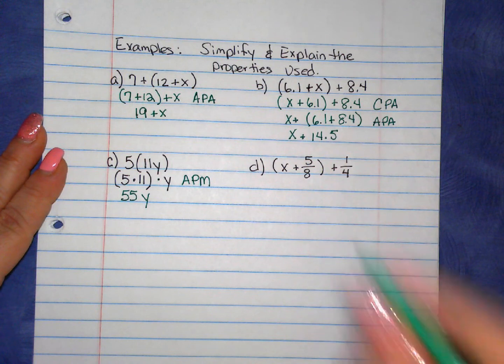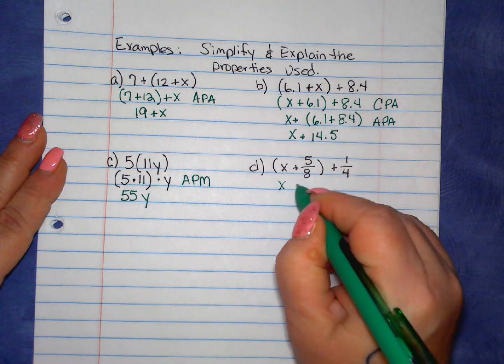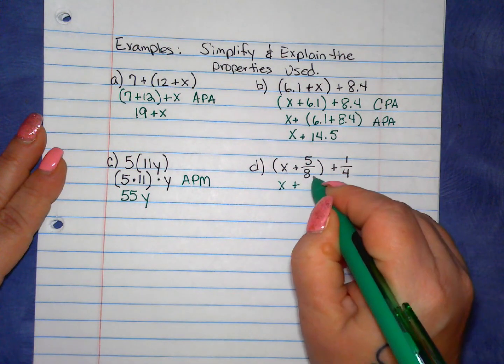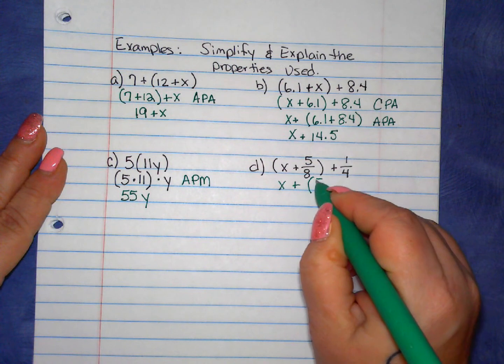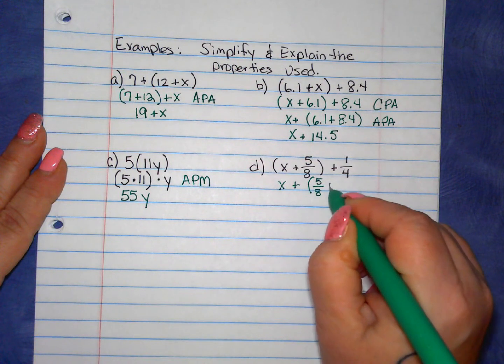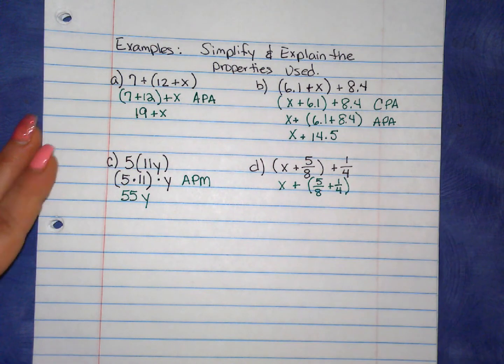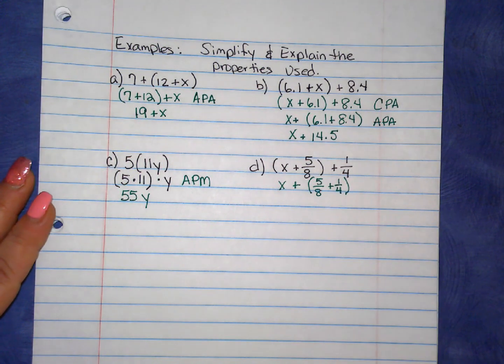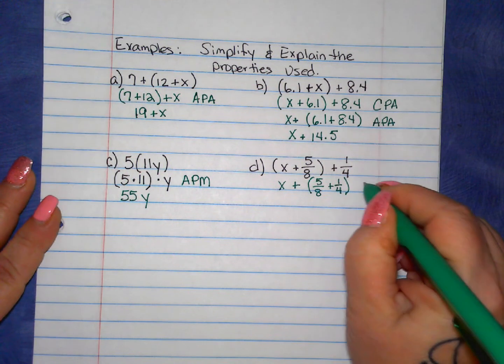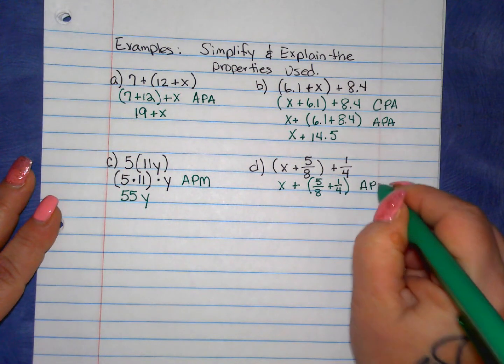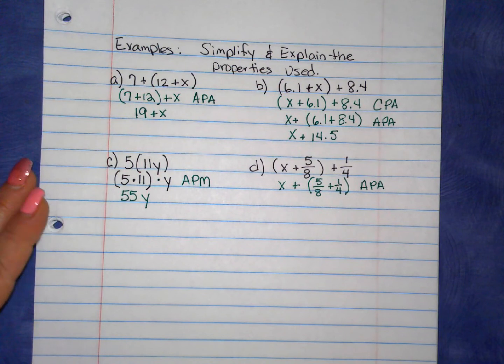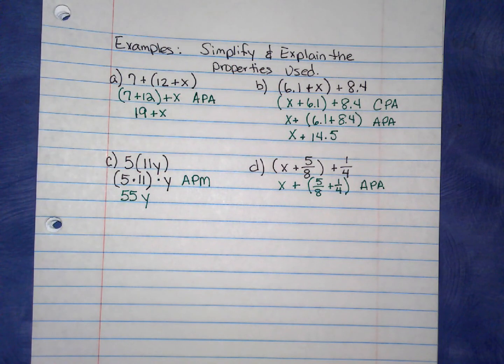So instead, I'm going to do x plus, and I need a little space in there, 5/8 plus 1/4. And remember, that was the associative property of addition. Got to be able to identify it. Associative, we changed the group.